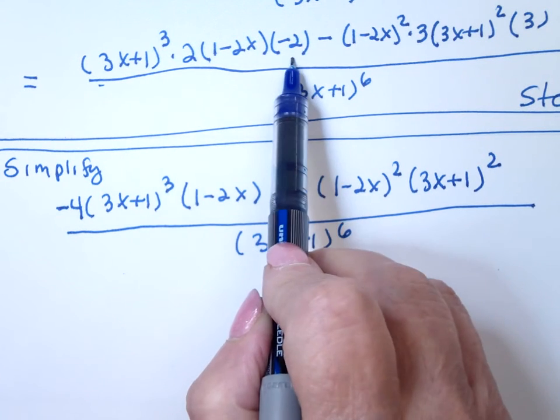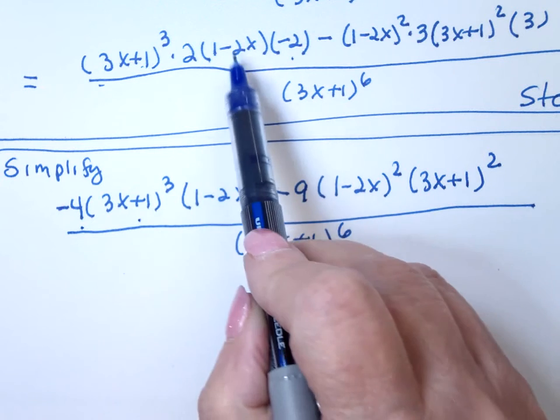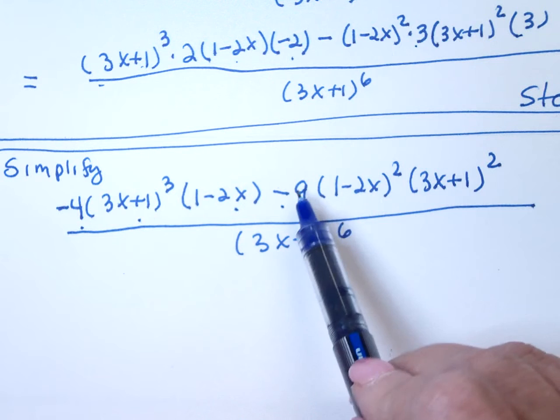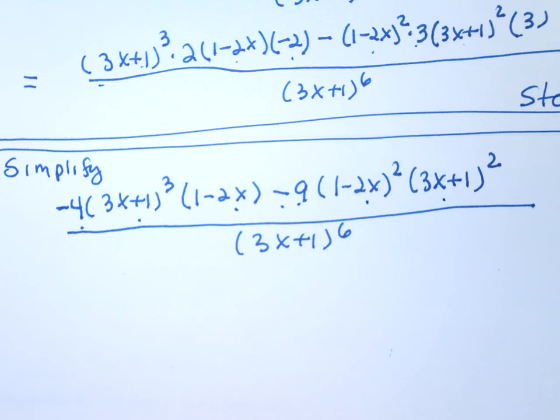Two times negative 2, negative 4, blob cubed, blob to the 1, minus 3 times 3 is 9, blob squared, blob squared. So the constant should always go in the front? Yeah, makes life easier. Okay.